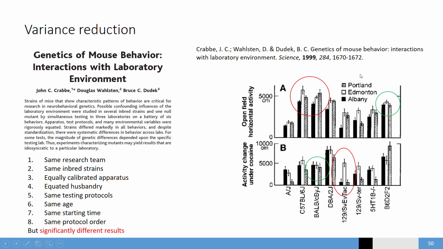So they did this experiment in Portland, in Edmonton, and in Albany. If you did everything right, you wouldn't expect any significant difference in the three labs. So for instance, for this strain and in this measurement, they see no difference between the three labs, and the same for here. That is what you would expect.